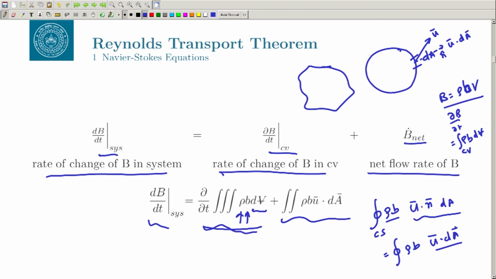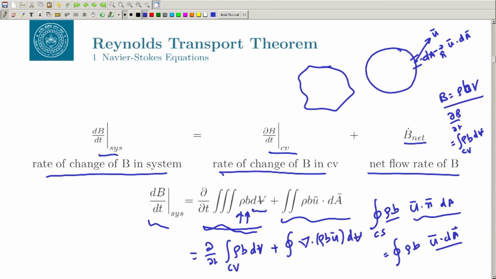We can use the Gauss divergence theorem here. So, this will be del by del t of the integral of rho b dV for the control volume, and the control surface term, if you use the theorem, becomes the integral of del dot rho b u dV.